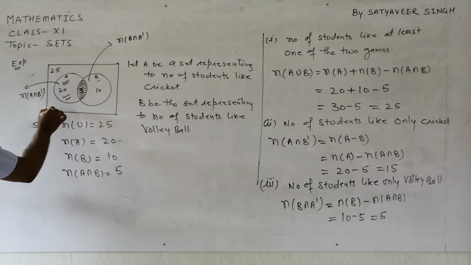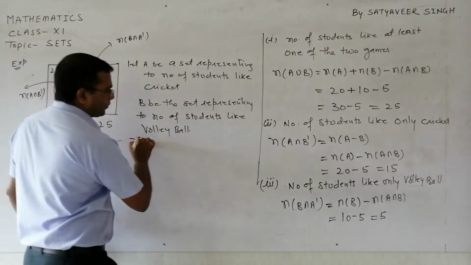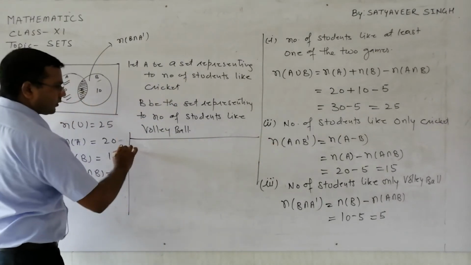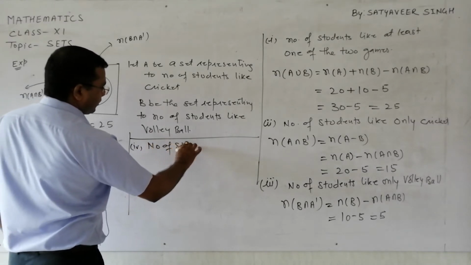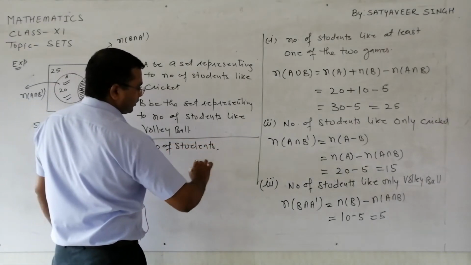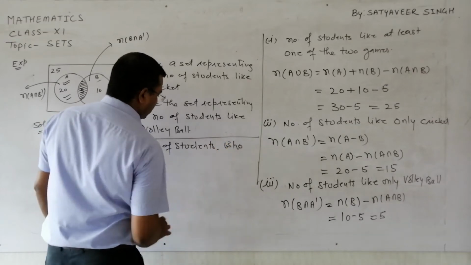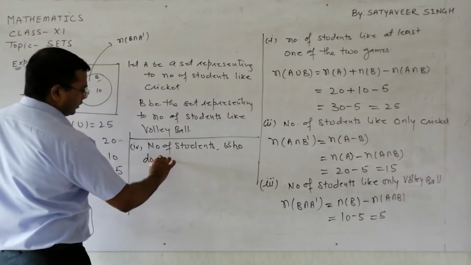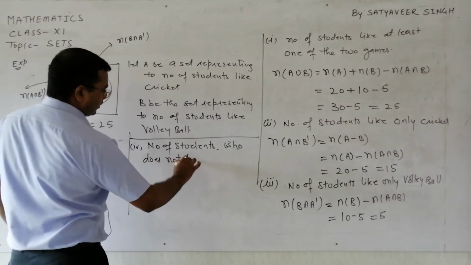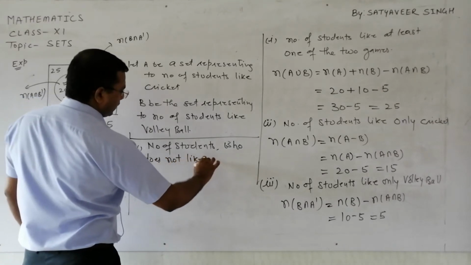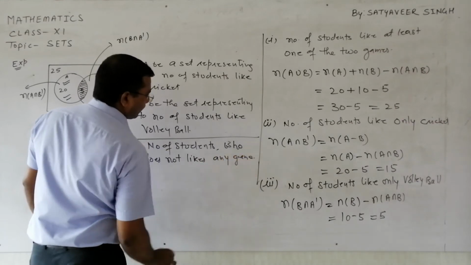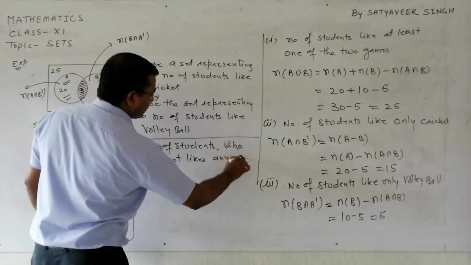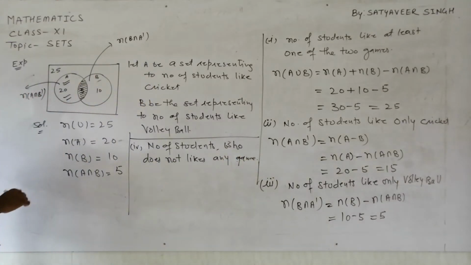One more question I can frame from here: the number of students who do not like any game. So you can frame the question like this, many questions you can frame like this.